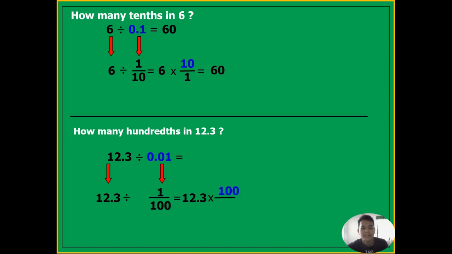Here, get the reciprocal, that is 100 over 1, and then proceed to multiplication. 12 and 3/10 times 100 equals 1,230. So therefore, when we divide 12 and 3/10 by 1/100, the quotient is 1,230. How about this next one?